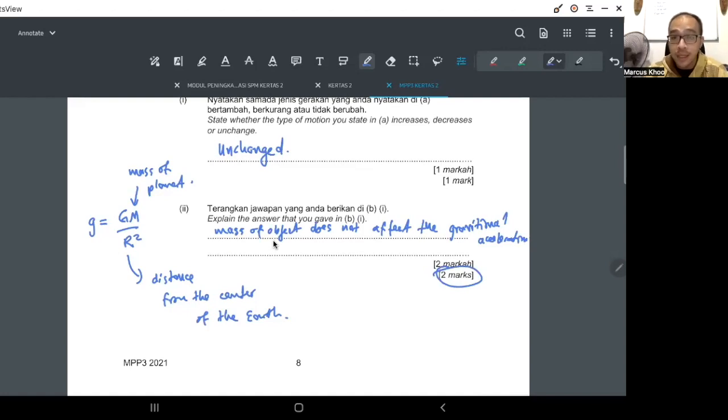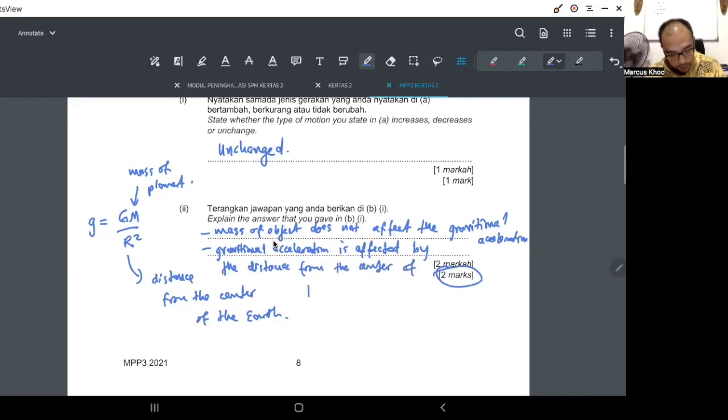If the mass of the object doesn't affect the gravitational acceleration, what is the thing that affects it? The gravitational acceleration is affected by the distance from the center of the Earth.